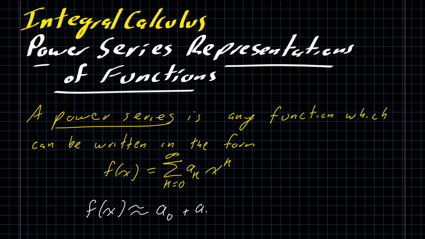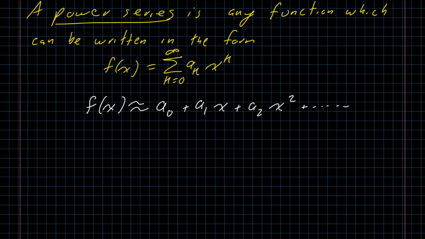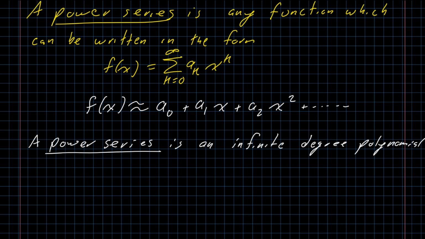And then we'll have a1 times x to the first power, and a2 times x to the second power, a3 times x to the third power, and so on. So a more useful but technically not precise definition might be that a power series is an infinite degree polynomial.